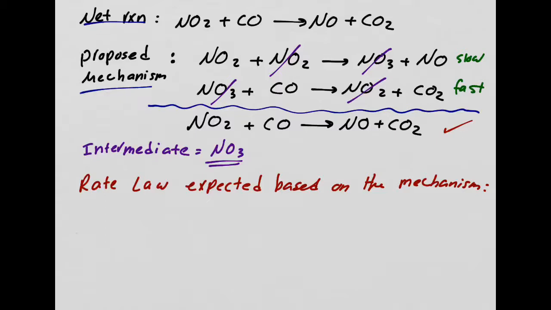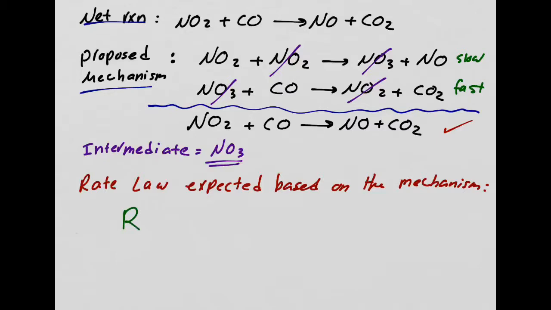How are we going to do this? Now remember, to write the rate law based on the proposed mechanism, you have to write it based on the RDS, right? It's going to be based on the RDS.